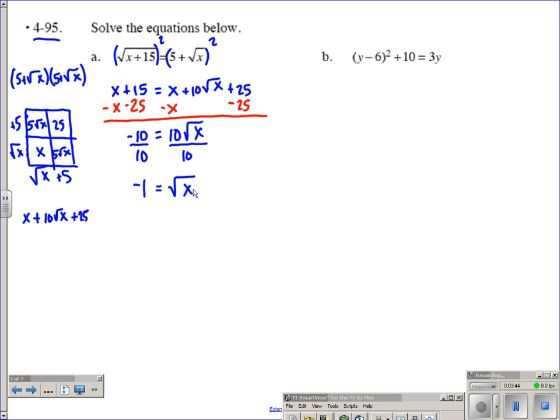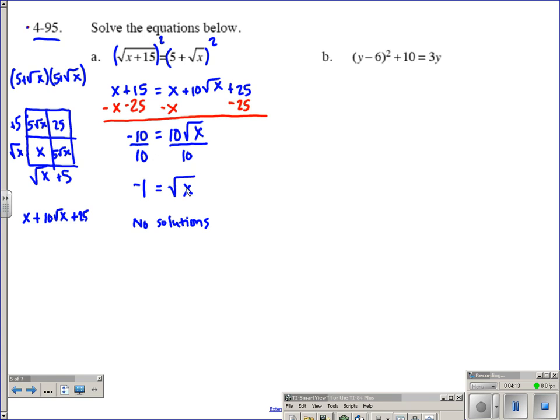What we'll notice now is, what can we take the square root of that will give us negative 1? Well, there is no number we can take the square root of at this point in time to get negative 1. So this is not going to be a real number. This will actually end up being an imaginary number. But since we haven't talked about that yet, we can say here that there are no solutions at this point in time.